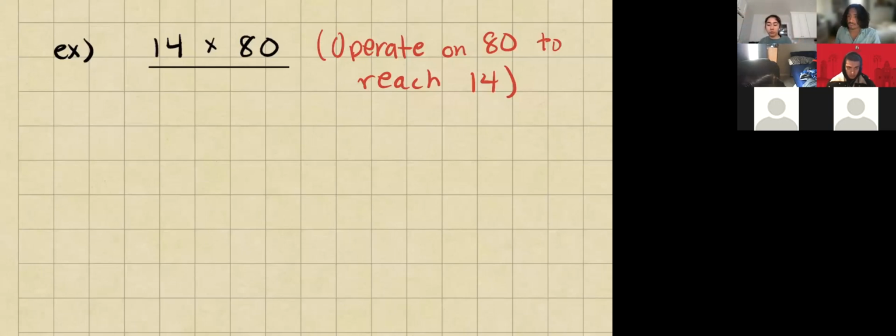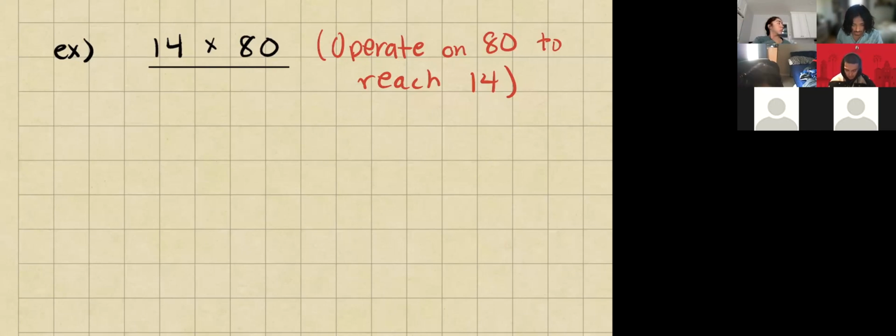And this is the way I want you to do these problems when we work on them, okay? On the homework and all this. So you're going to operate with the second to get to the first, all right? Make sure you remember that and you keep it that way, all right?